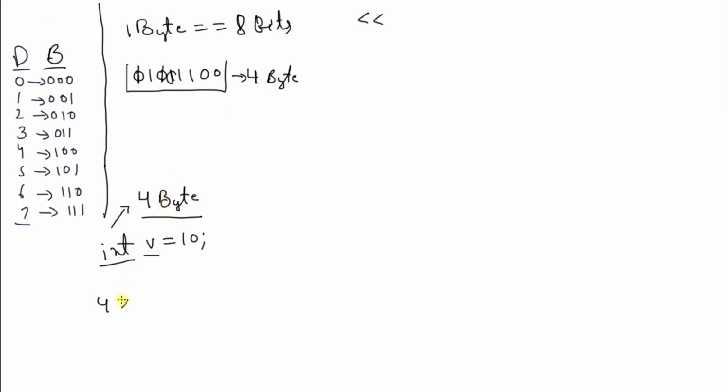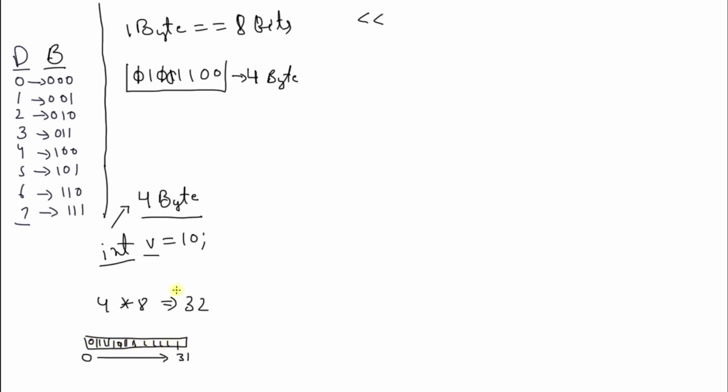How much? 4 times 8 bits, so 32 bits. You will be taking from 0 to 31 bits in your memory, which is nothing but your RAM here. Like this, these many slots will be there, and inside them you will have either 0 or 1, like 0 1 0 1 0 1 0.